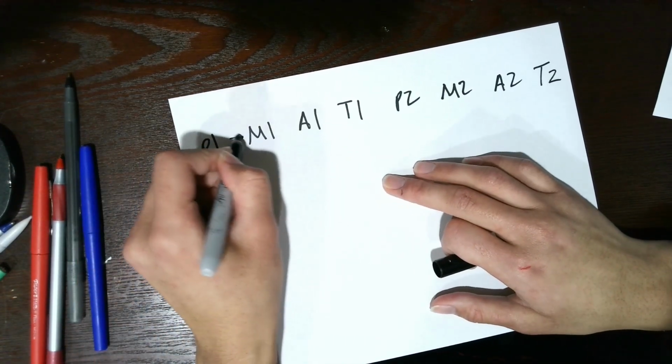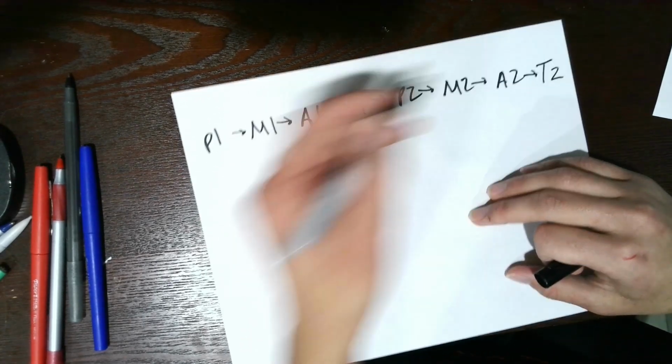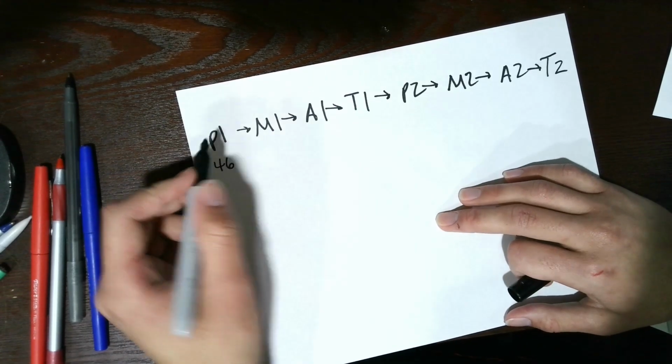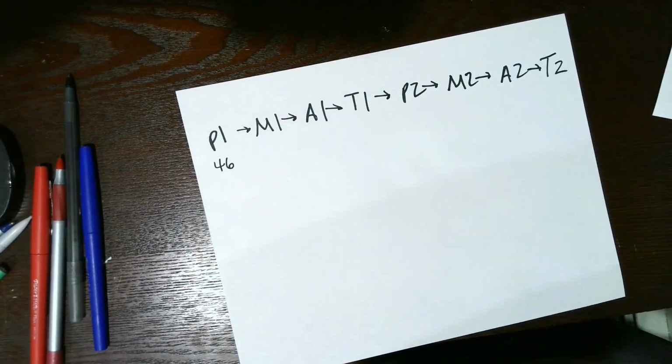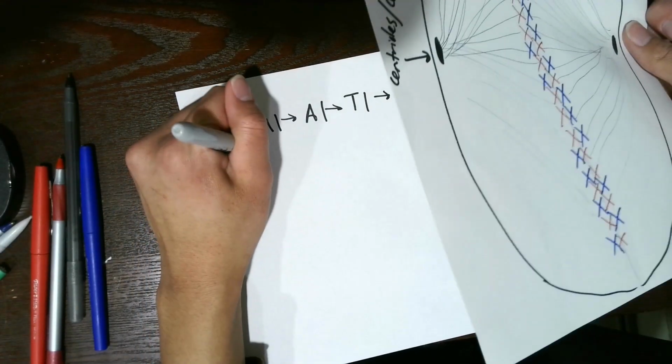Alright. So now let's keep track of how many chromosomes we had at each one. Prophase 1, we started with 46. I'm just going to look back at our pictures. Prophase 1, right, we have 46. Metaphase 1, we still have 46.